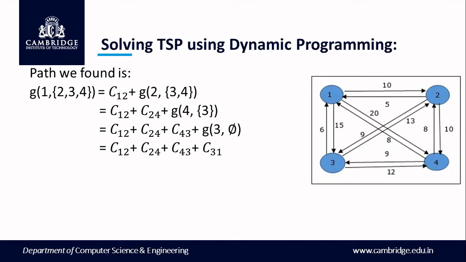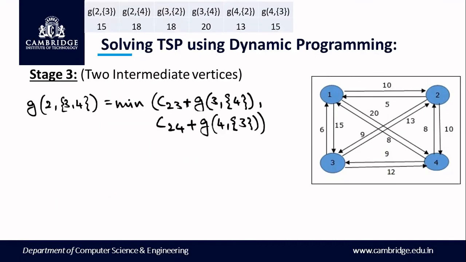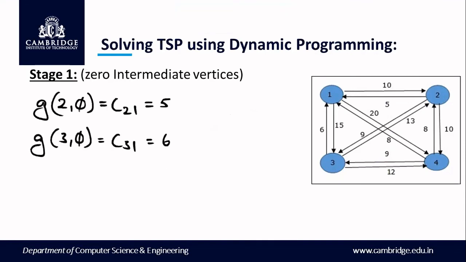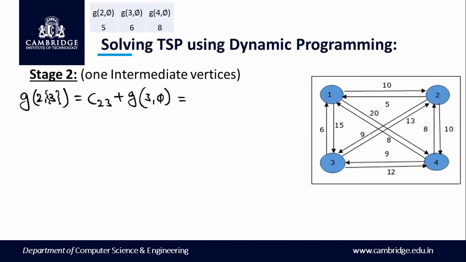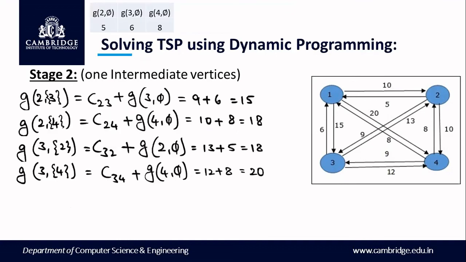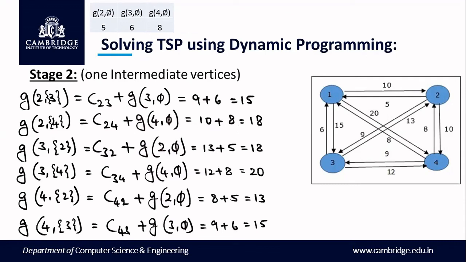As a recap, if we look back at our dynamic programming solution, we start with stage 1 where there are no intermediate vertices. The set of other vertices apart from the source vertex can directly connect to the destination. In stage 2, we have one intermediate vertex with which the vertices can reach back to the source vertex.